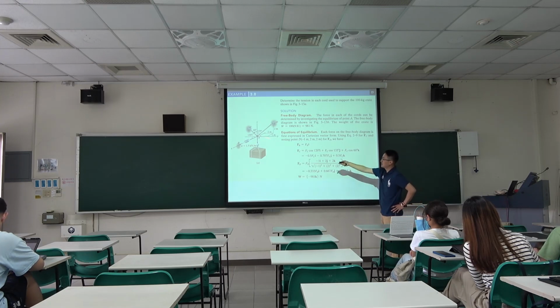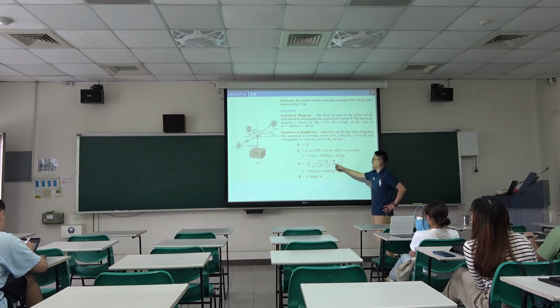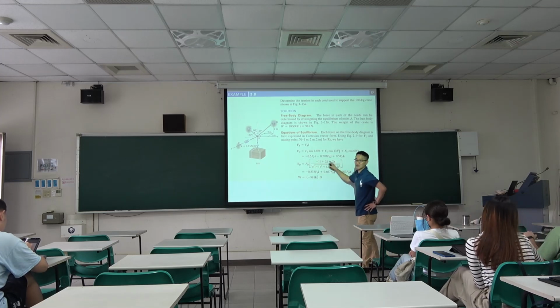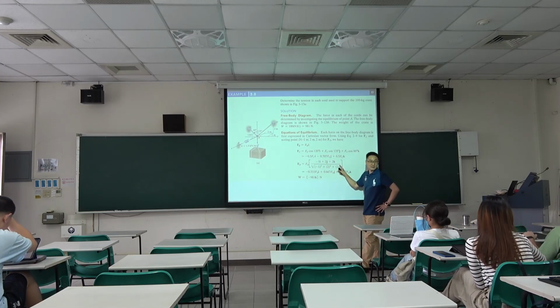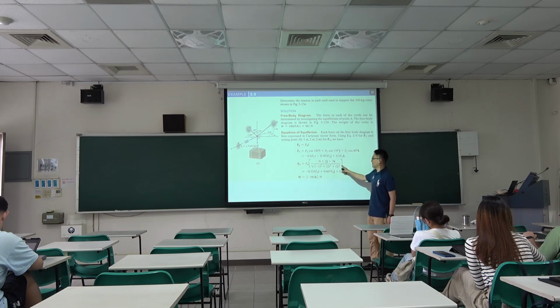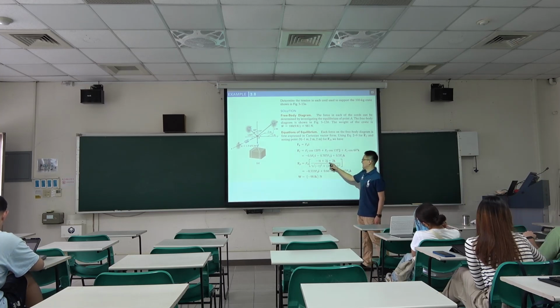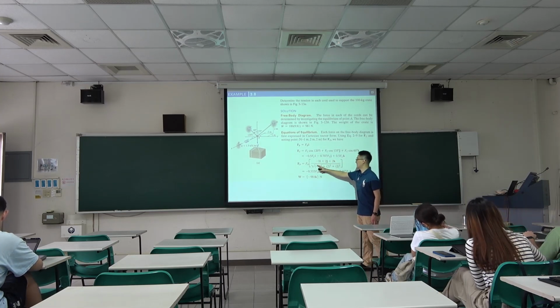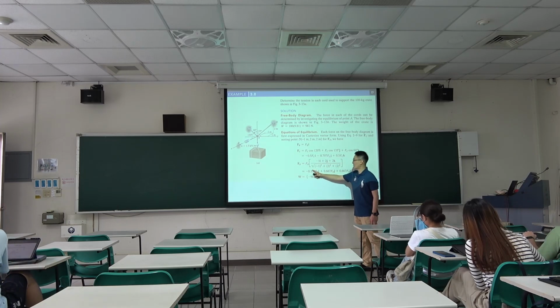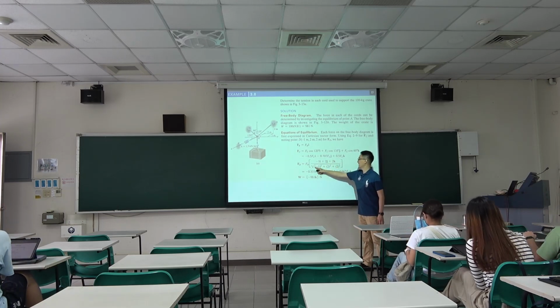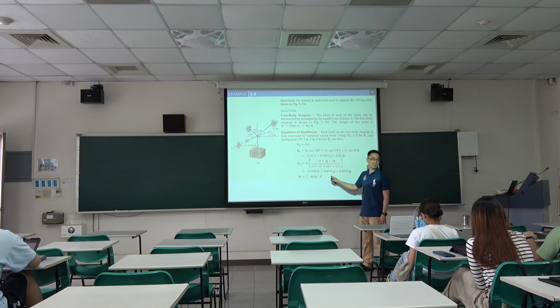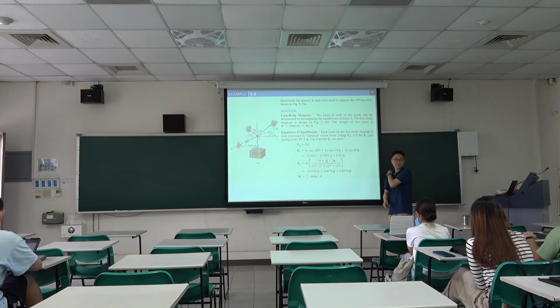Then for FD, we use the position vector divided by the scalar. This part is the unit vector. This part divided by this gives this component, and this part divided by this gives this component. So that's the unit vector.